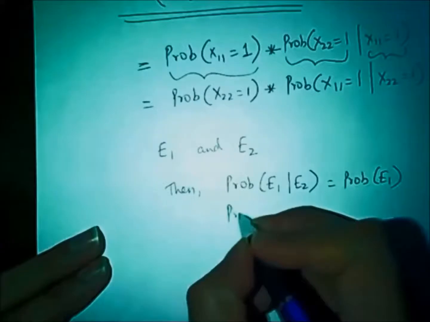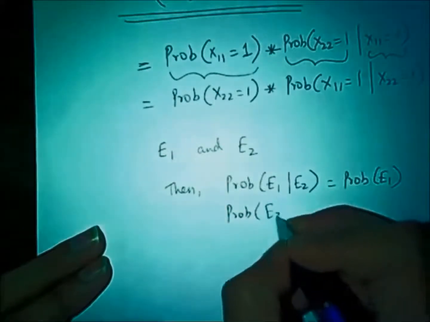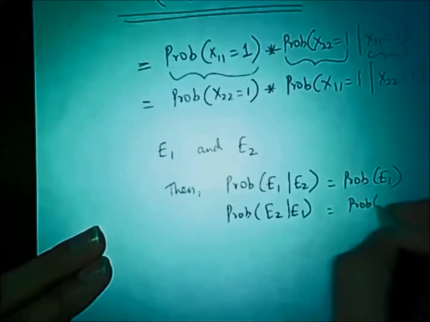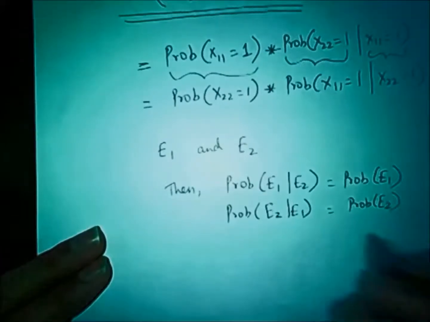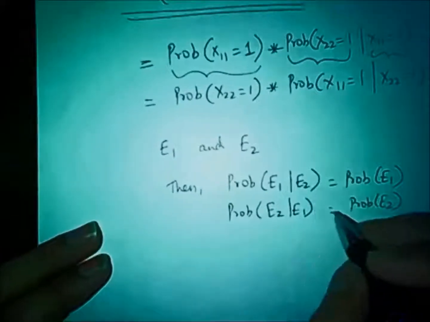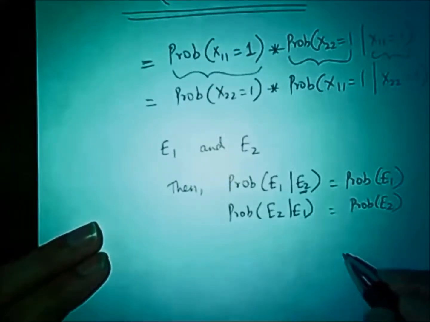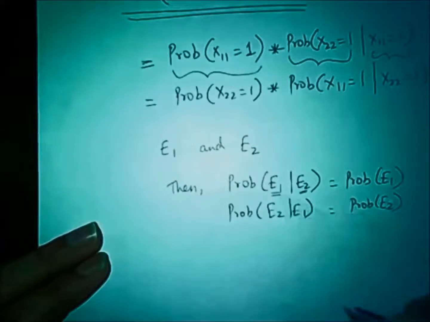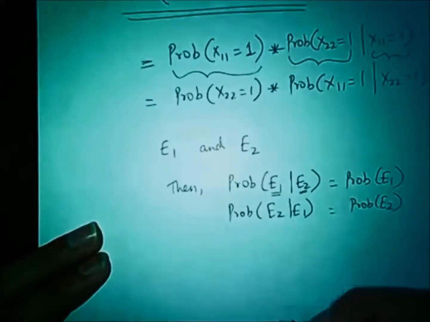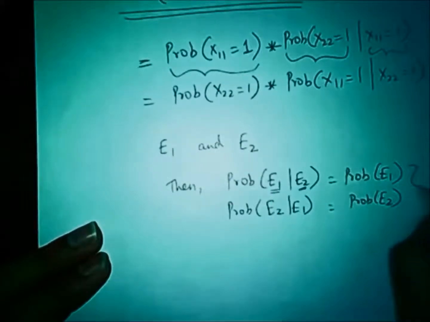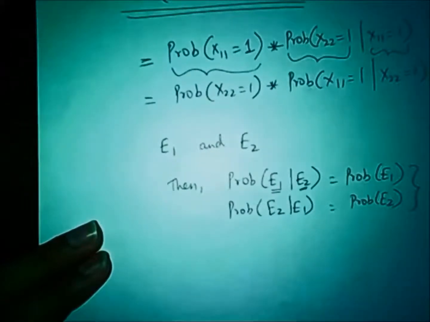Similarly, probability of E2 given E1 would be probability of E2. This is because the knowledge of whether E2 happened or not will not affect the probability with which E1 would happen. That is because E1 and E2 are independent. We will use this later in a slightly modified form.